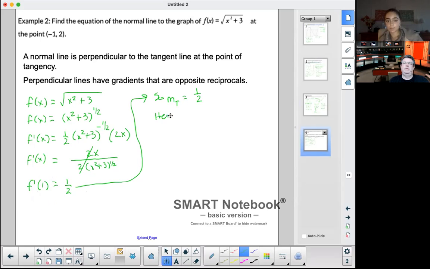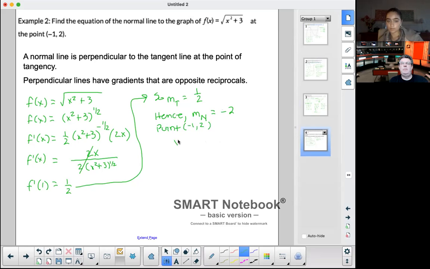Hence, the slope of the normal is what? Negative 2 over 1, so negative 2. Good. And so we have a point, right? So off we go. Point -1, 2.